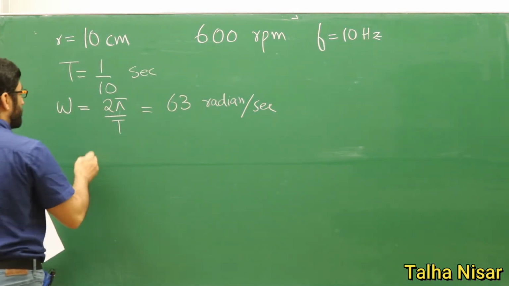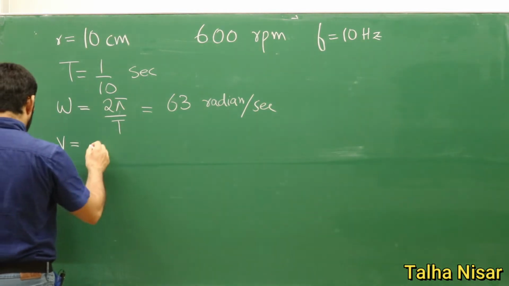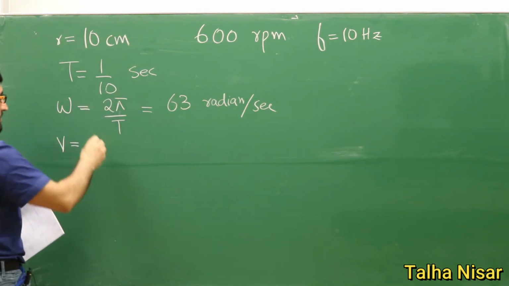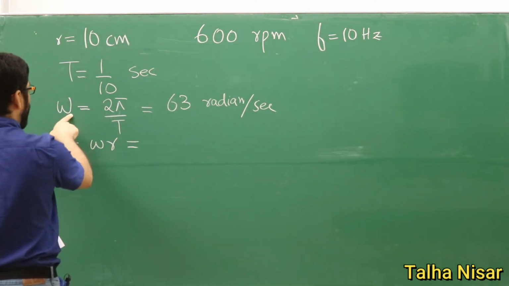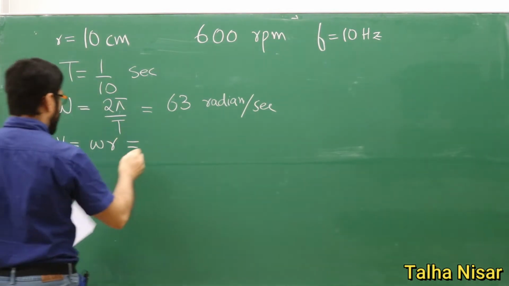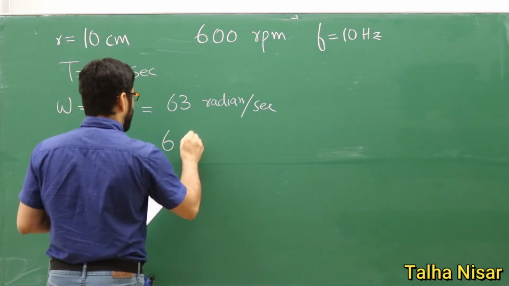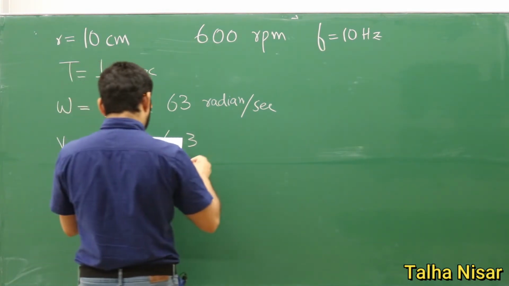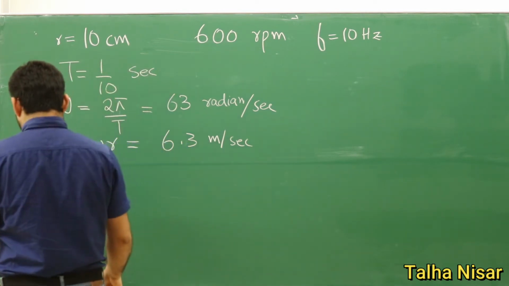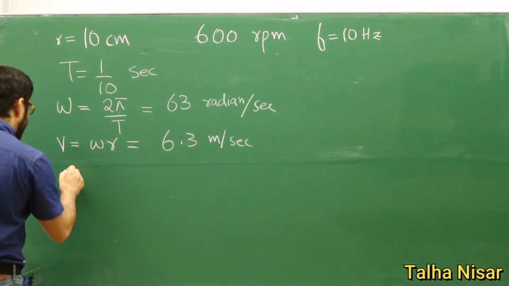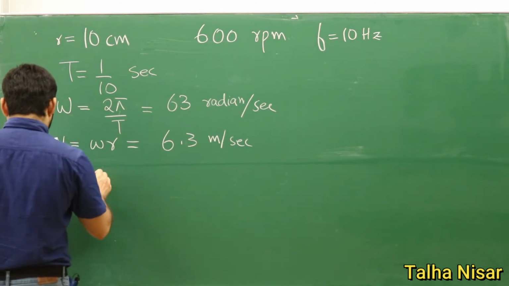Now we want to know the linear velocity, and we just derived this relation. We put the value of omega here and the radius here, and we get 6.3 meters per second.